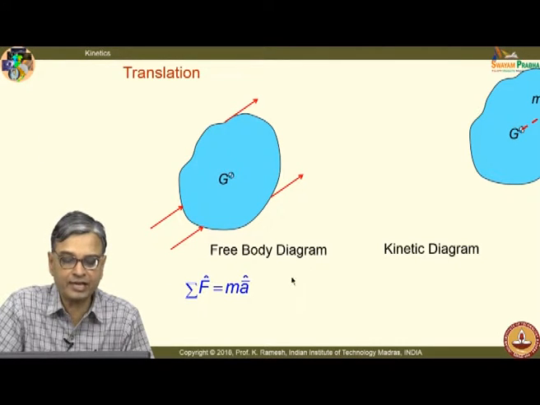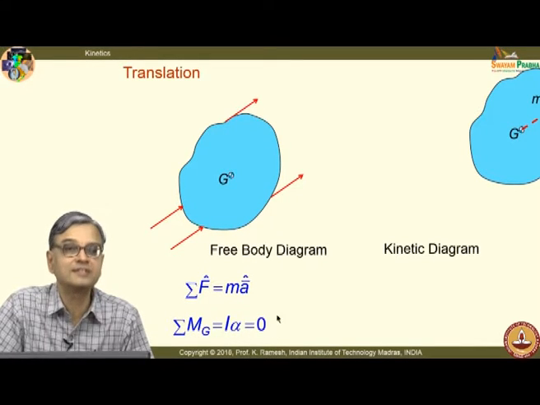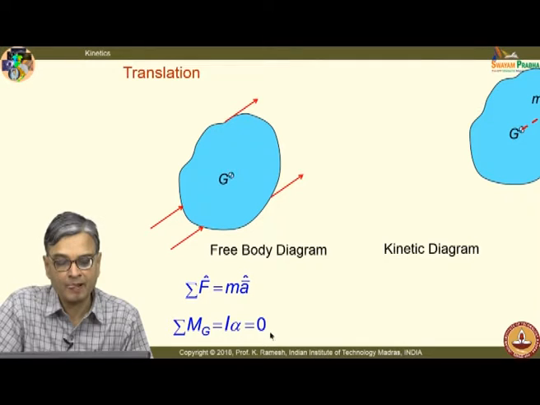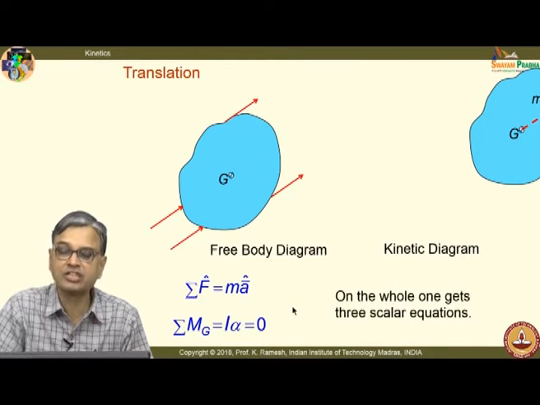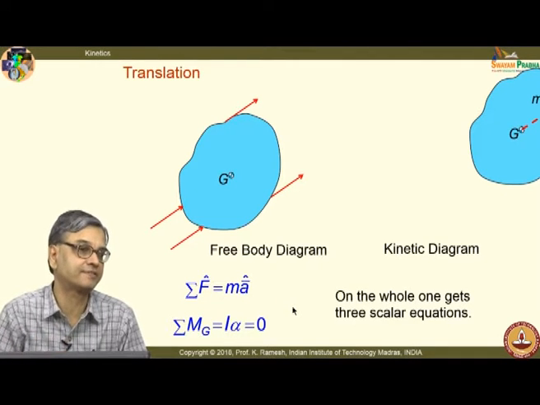And what are the governing equations? I have F equal to ma and summation of moment about G equal to Ig alpha equal to 0. So, I essentially have how many equations? If I put this into components, I essentially have 3 scalar equations.